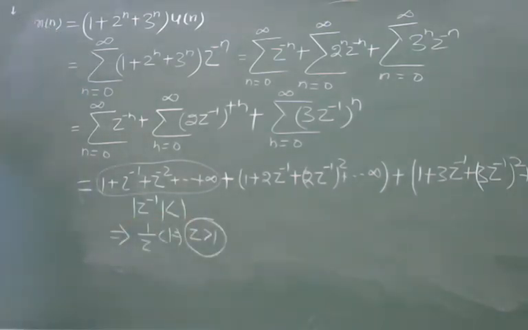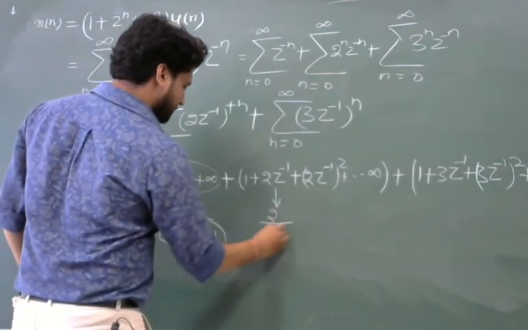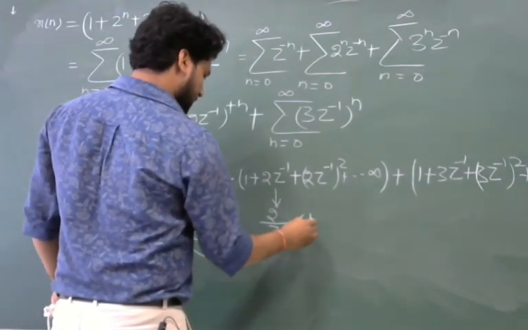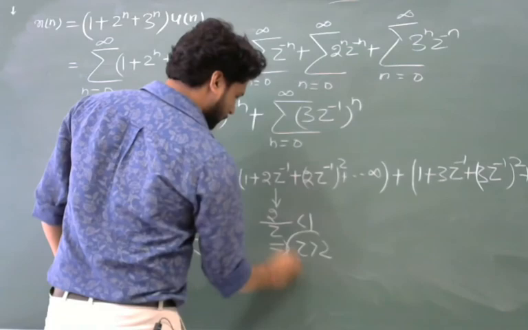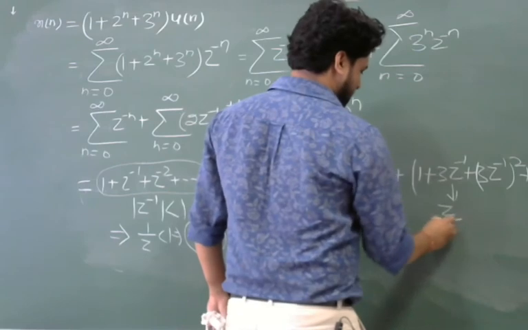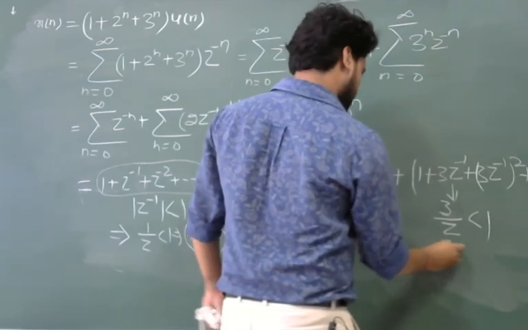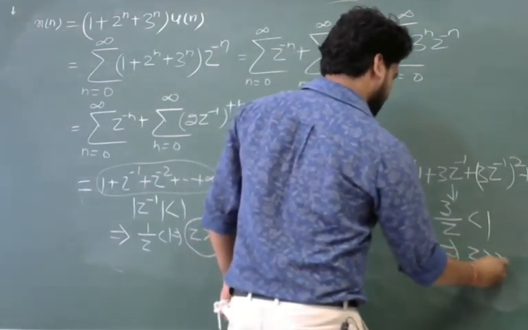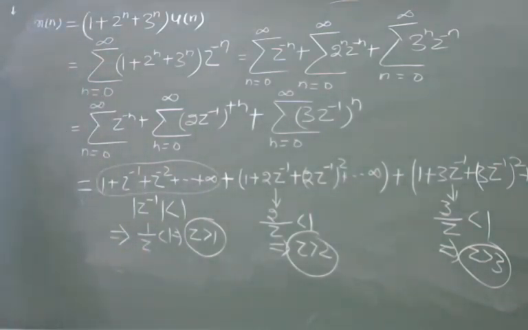From 2z inverse, 2 by z should be less than 1, which implies that z should be greater than 2. From 3z inverse, 3 by z should be less than 1. It means that z should be greater than 3. We have to get the intersection of these three conditions: z greater than 1, z greater than 2, and z greater than 3.